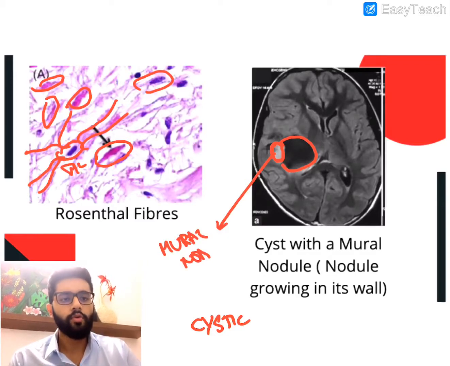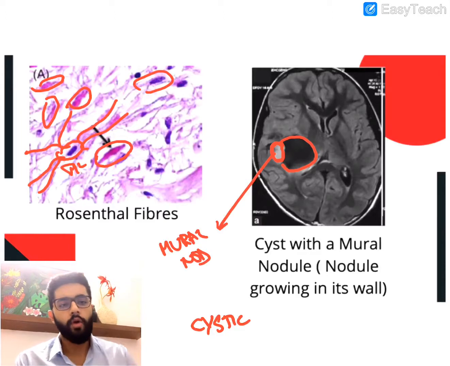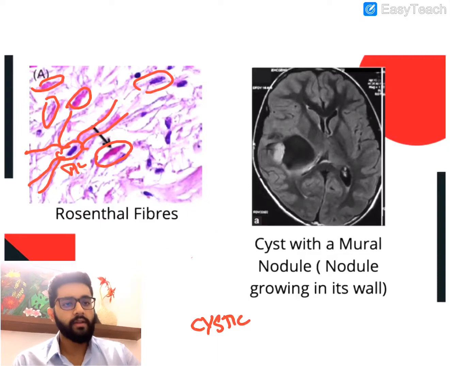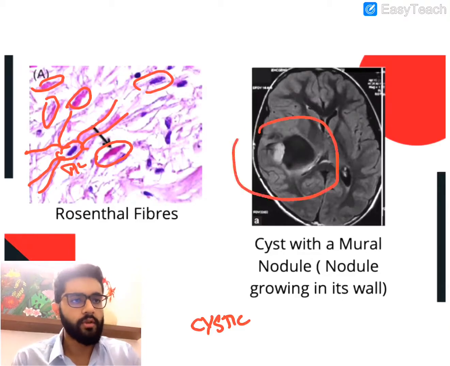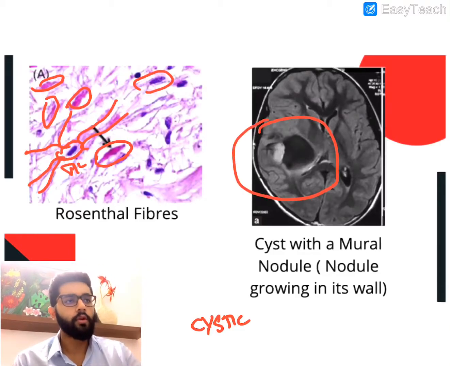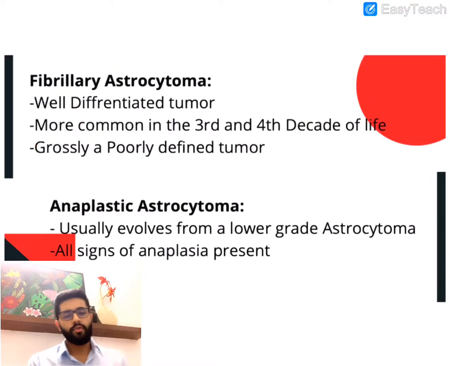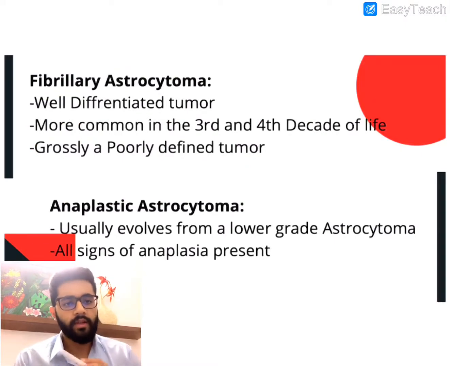Okay, so you know mural means something on the wall. So a nodule on the wall of the cyst is called a mural nodule, and this appearance of a mural nodule is a classical finding in the CT scan study of a pilocytic astrocytoma. So remember this picture very well. Okay, mural nodule. Okay, so that was about juvenile pilocytic astrocytoma.